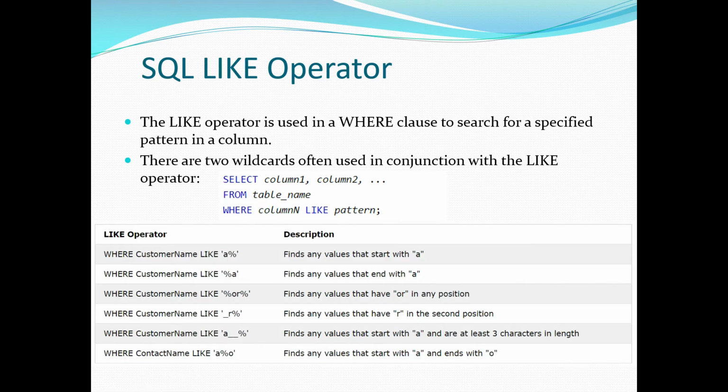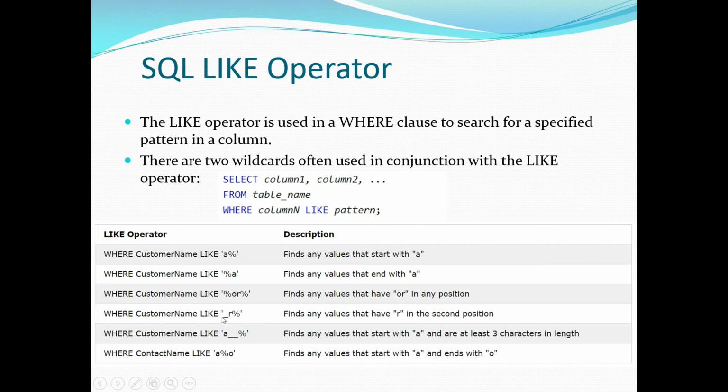Inside the like operator we can use A and then a percentage sign after the like. It means find any value that starts with A. If we use the percentage sign first and then A, it means find any value that ends with A. Similarly, with percentage signs on both sides of a pattern, it finds any value that has the pattern in any position.